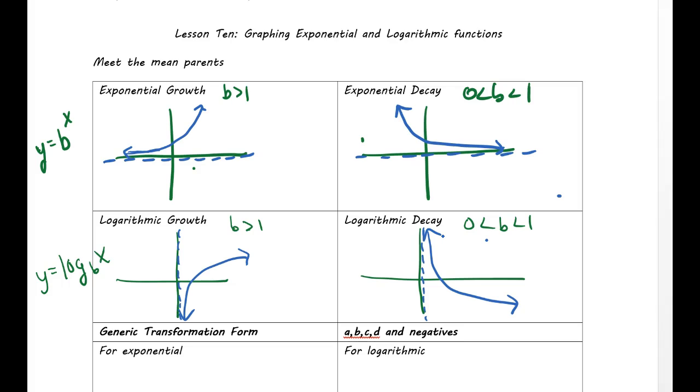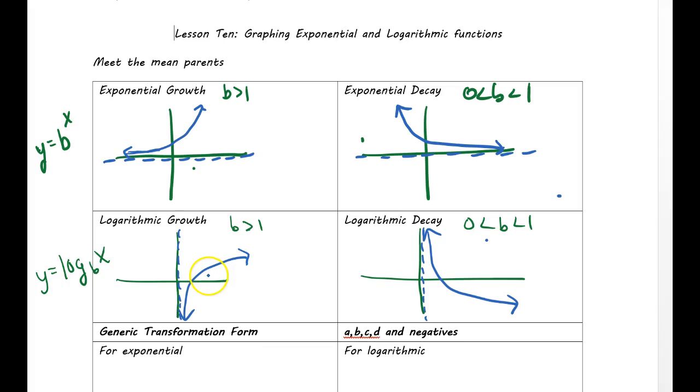So these are your four last mean parents, and notice the way I used to memorize it, even right now when I sketched them for you, is I know this one very well, and this one is just the inverse of this one.